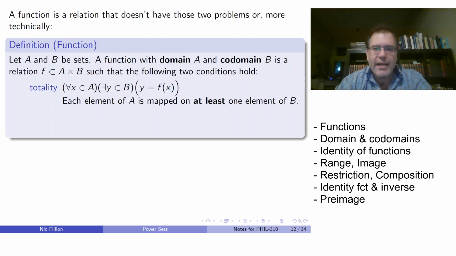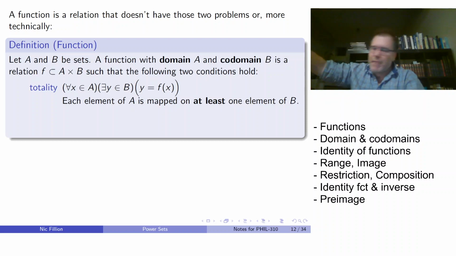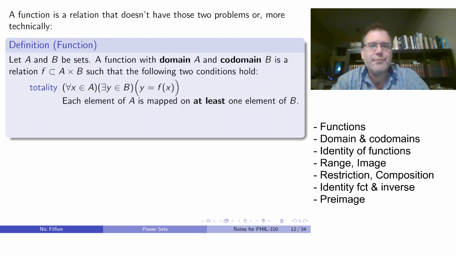Each element of A is mapped on at least one element of B. That means that every element of the domain should be mapped onto something in the codomain. There shouldn't be elements for which it's undefined, like we had in our previous example. Symbolically, we would write: for all x in the domain, there exists a y in the codomain such that y equals f of x, or if you prefer, the pair (x, y) is in the function, which is a little bit weird to say, but technically that's what we mean.